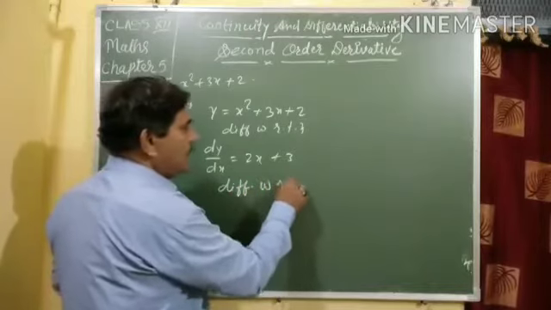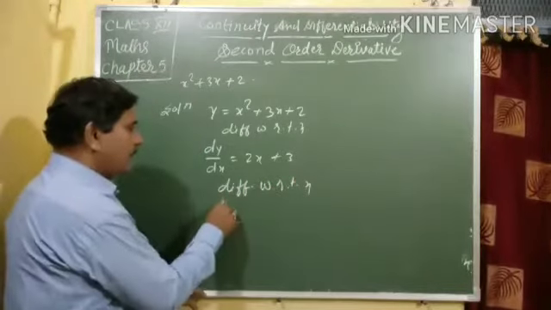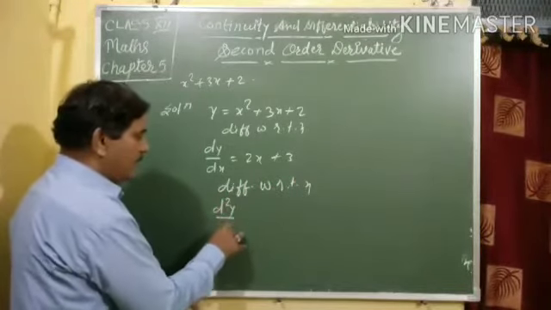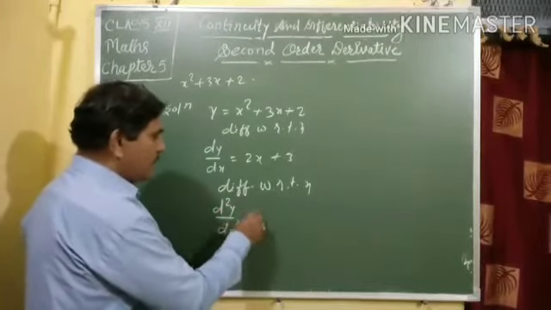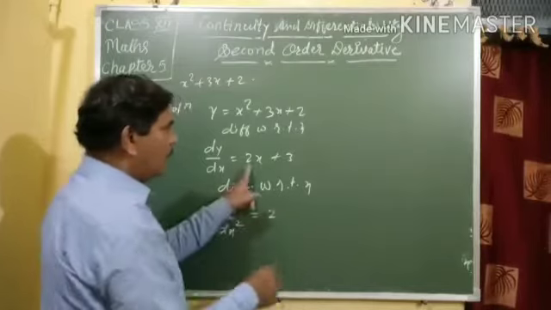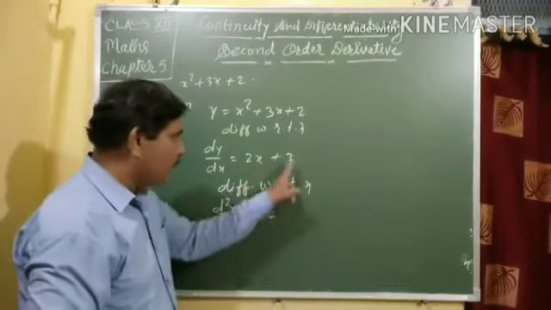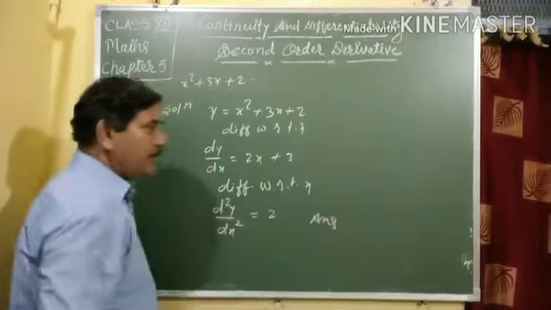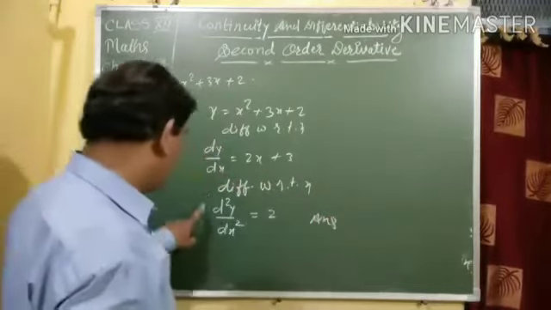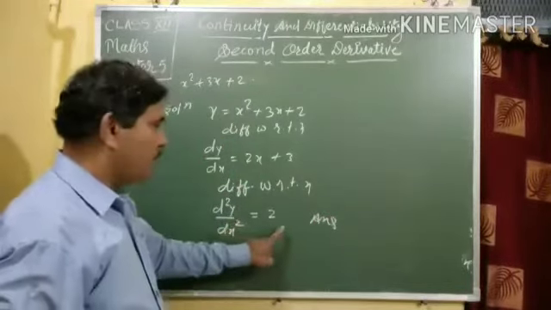Then what will you get? d square y by dx square, this is the whole square, is equal to 2. Derivative of 2x is 2, and derivative of the constant is 0. So d square y by dx square is equal to 2.